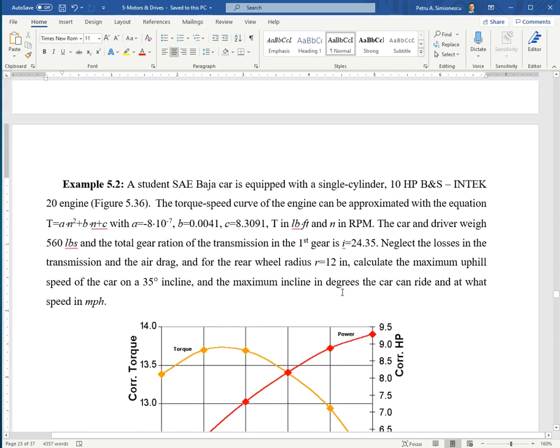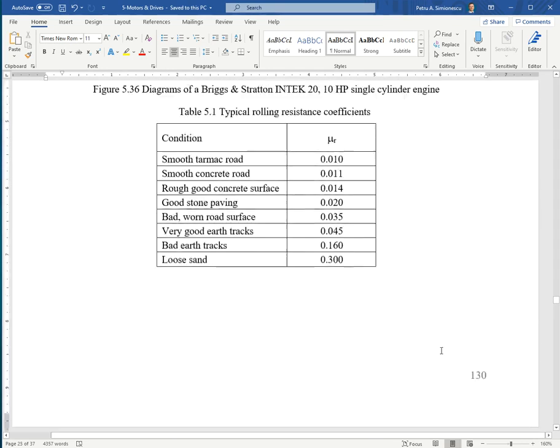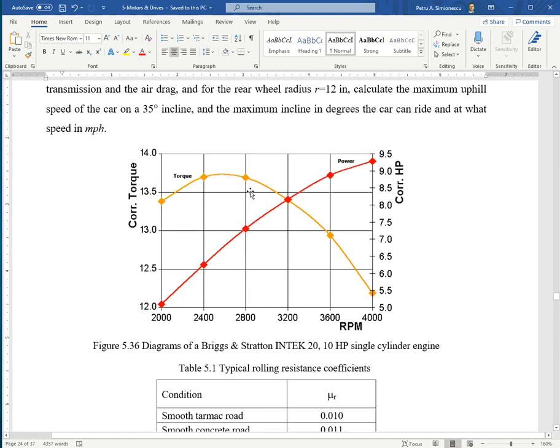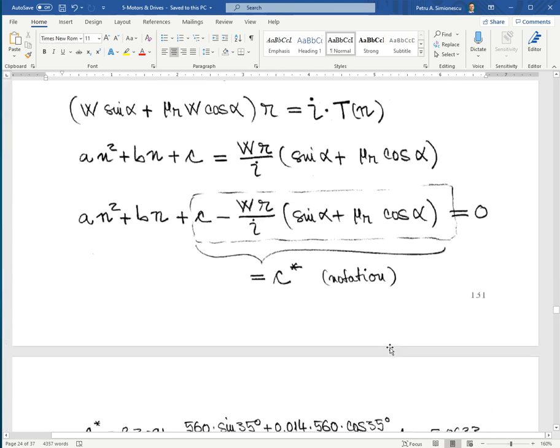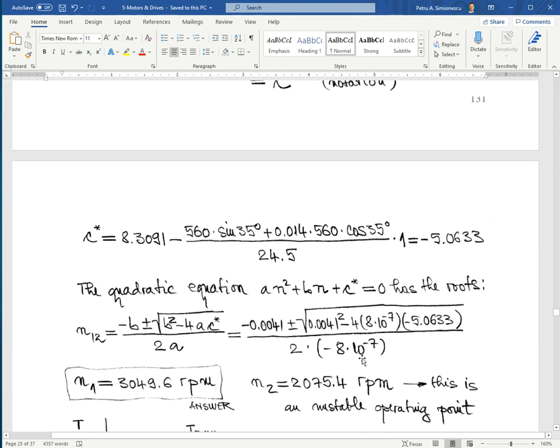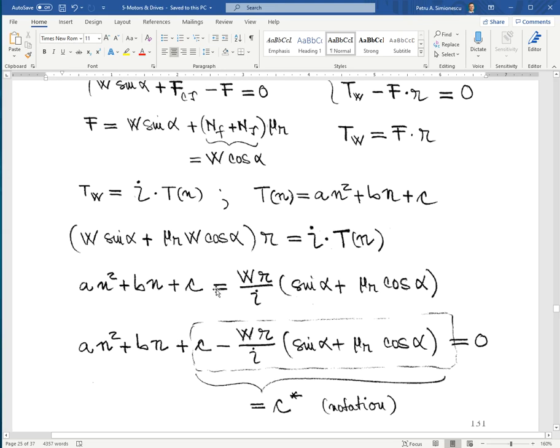What's the maximum incline that the car can ride? There are two approaches to this problem. One is, the maximum slope it can drive would be, and at what speed, would correspond to the maximum torque being delivered by the engine. And I can find the maximum from the equation a n squared plus b n plus c.